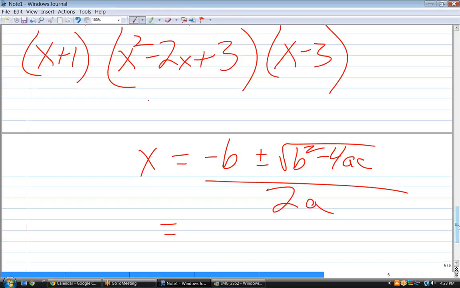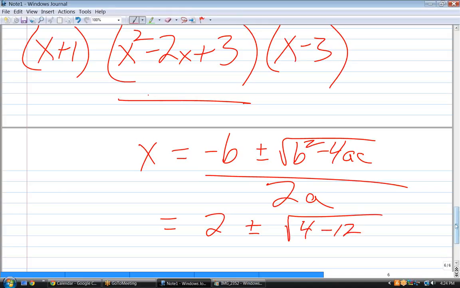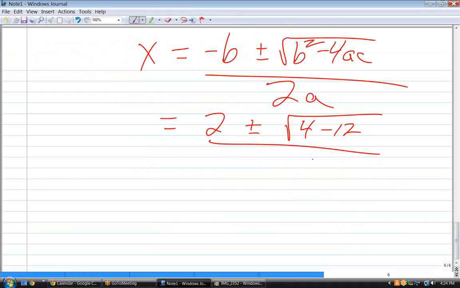So what would that be? Just plug that alone into this? I ended up with 2 plus or minus 2i root 2 over 2. So then that reduces to 1 plus or minus i root 2.